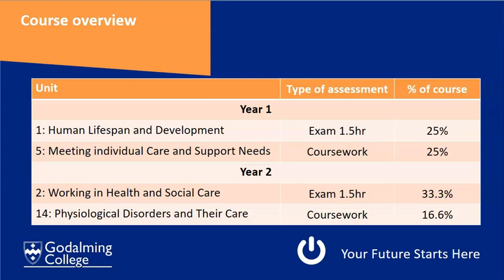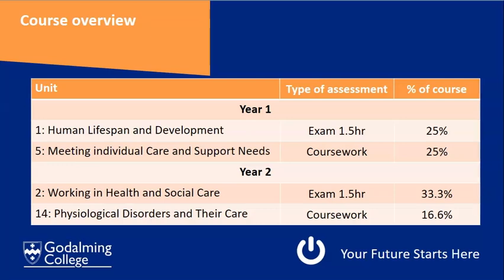One is called Working in Health and Social Care, and that's an examined unit. And then unit 14 is Physiological Disorders and Their Care, and that is your coursework unit. As you can see, they're not all equally weighted, and it's important to note that Unit 2 is quite heavily weighted. So now I'm going to explain a bit about what to expect in each unit.